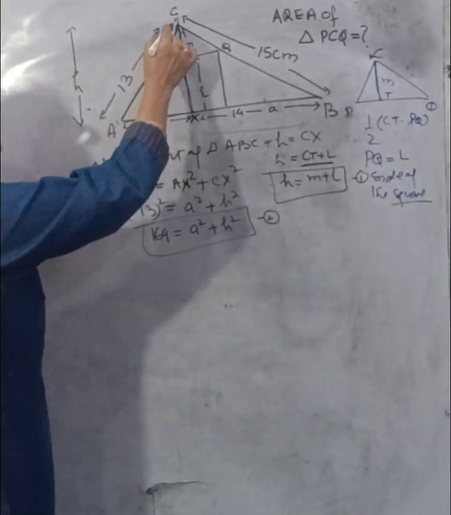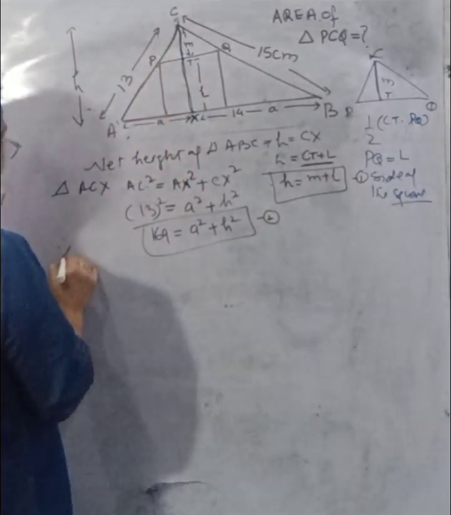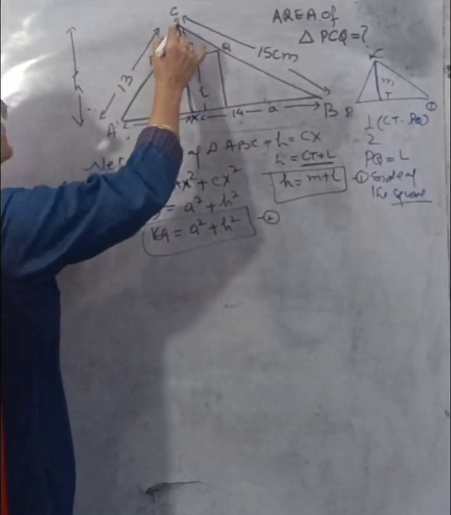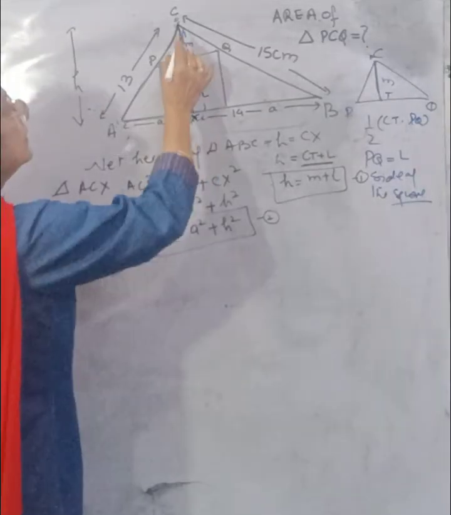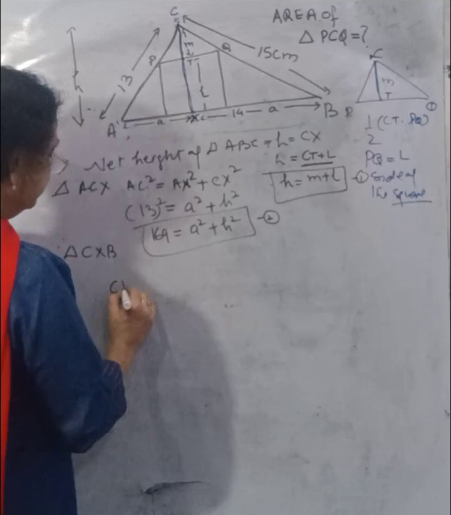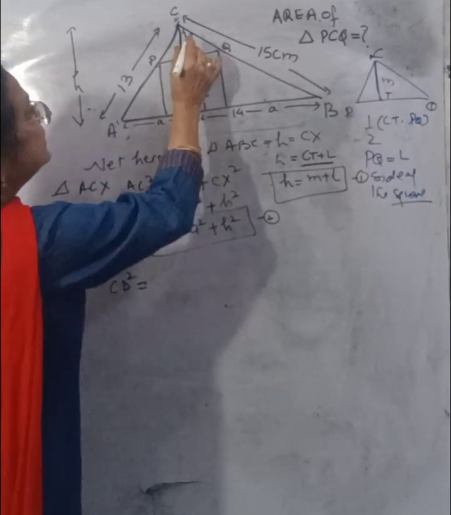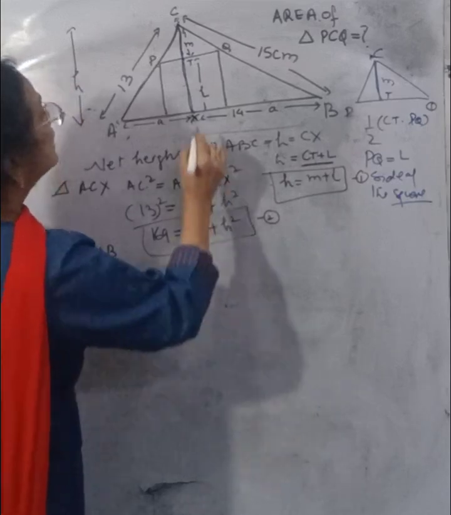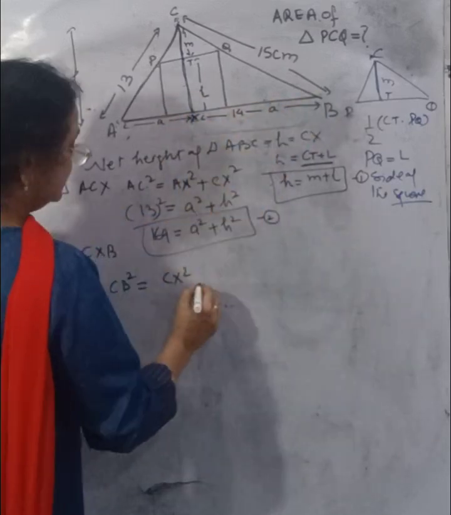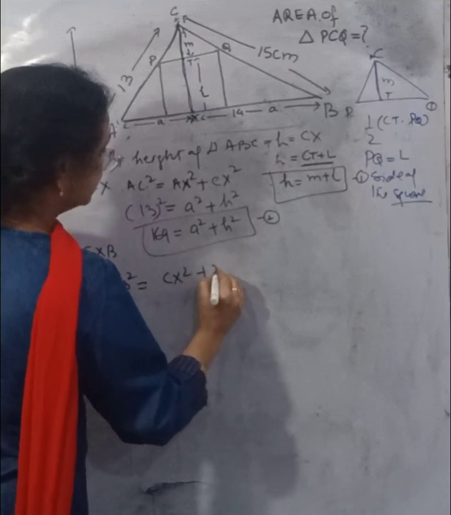Similarly, in triangle CXB, CB square will be equal to CX square plus XB square.